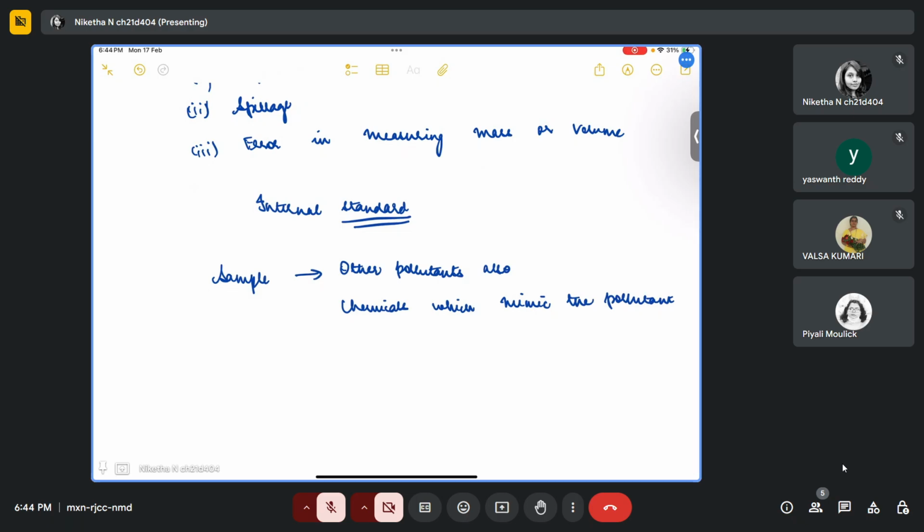So when you need to check if the pollutant's concentration is going to be affected by other pollutants or contaminants in water, we use internal standards to check, because an internal standard is something whose concentration we already know. So when we add something of known concentration and we are checking if there is any change in concentration later on, we can assume that the same change is going to happen with the chemical of interest also.